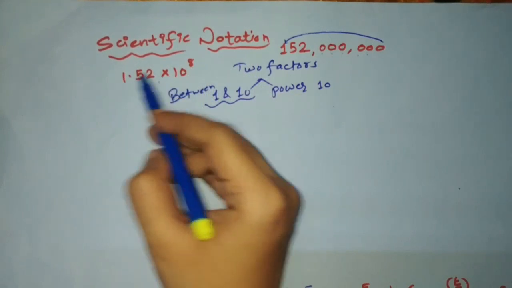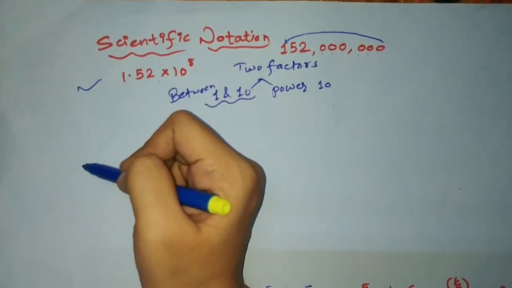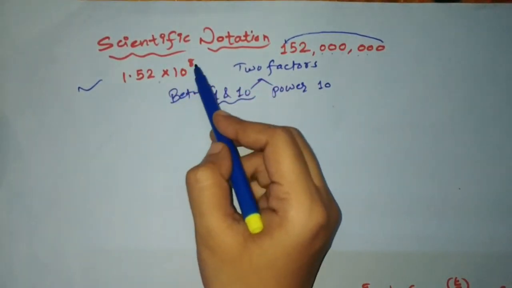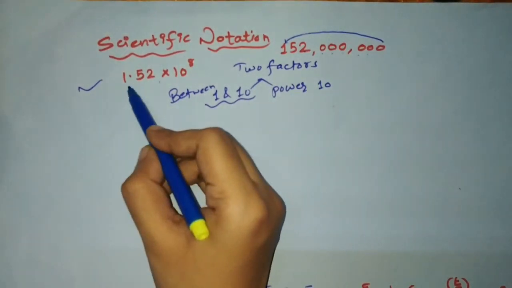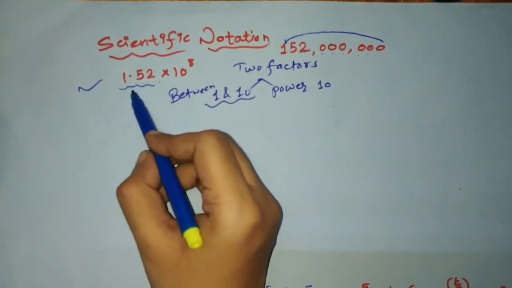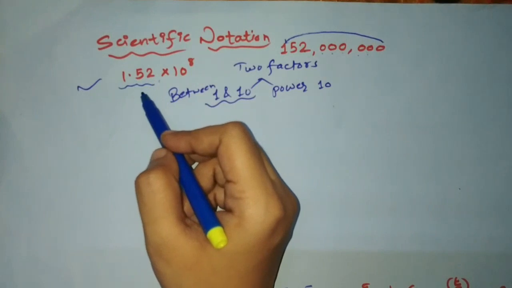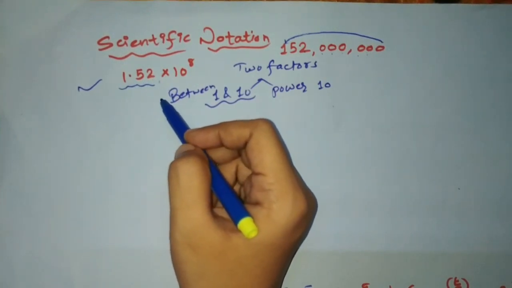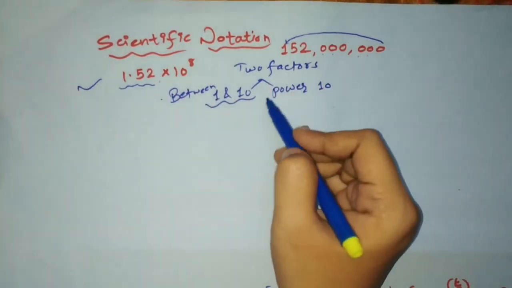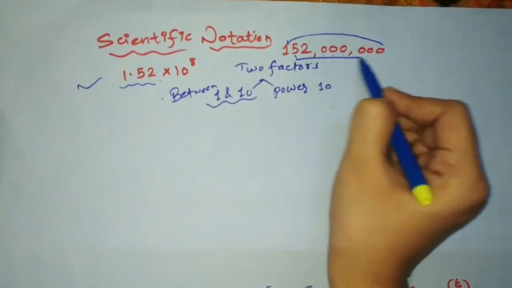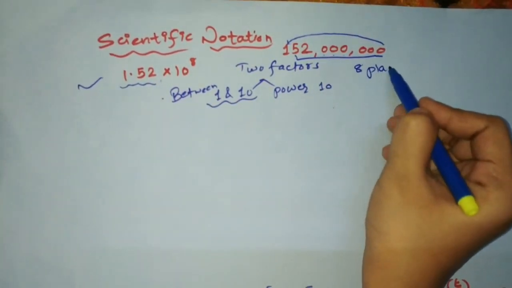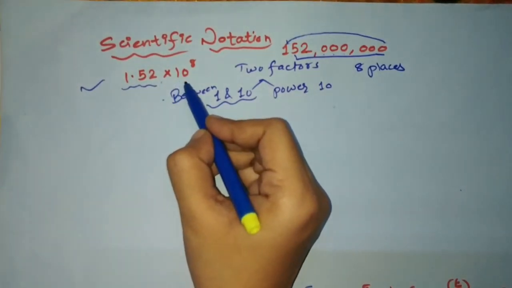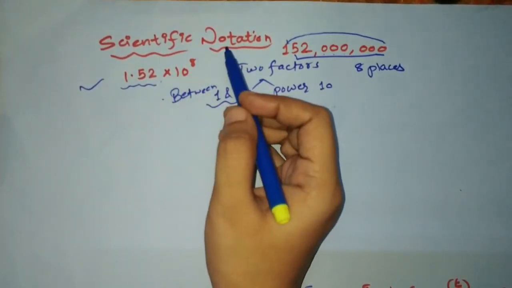These are the two factors which is called scientific notation. Here 10 to the power 8 is the power of 10, and this is the number in between 1 and 10. It should be between 1 and 10 only. You must ensure that these are 8 places, that's why I write 10 to the power 8.